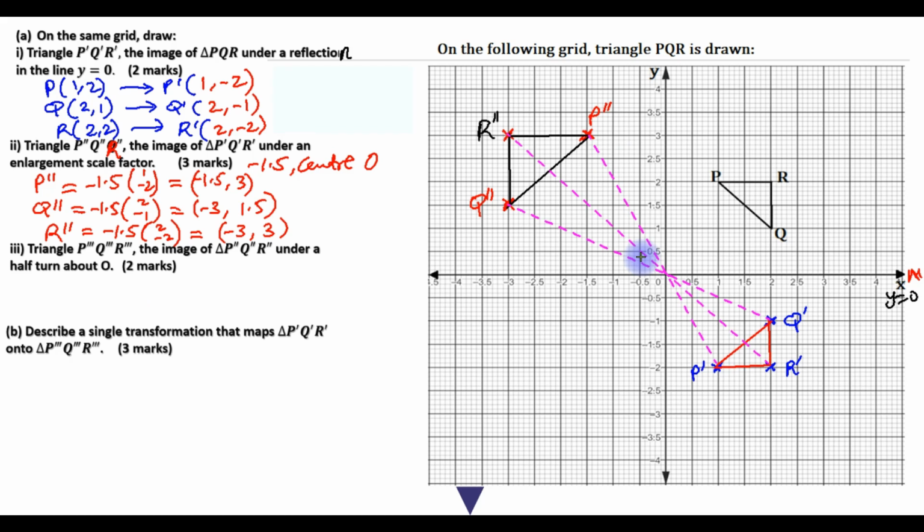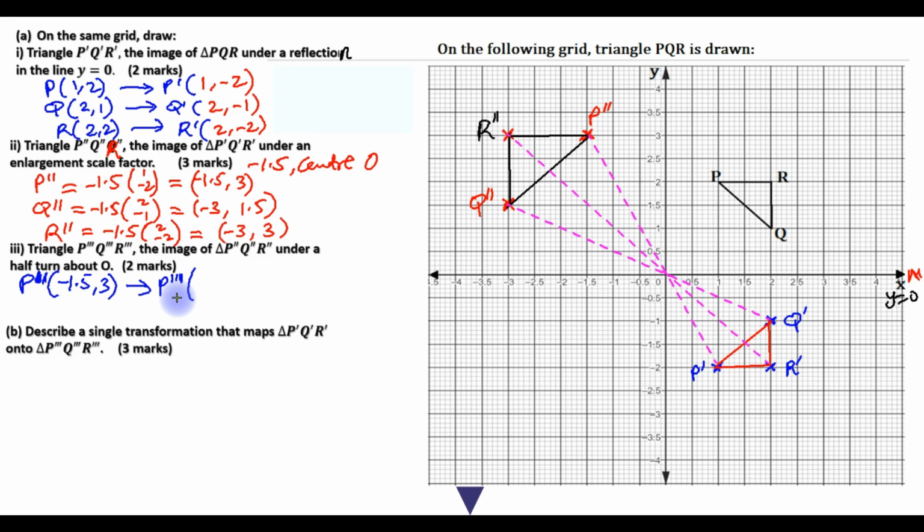So in such a case, the image of this triangle, this is minus 1.5, 3, is mapped onto P triple prime.